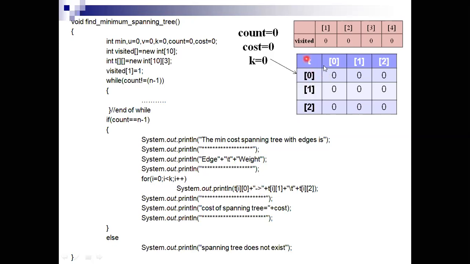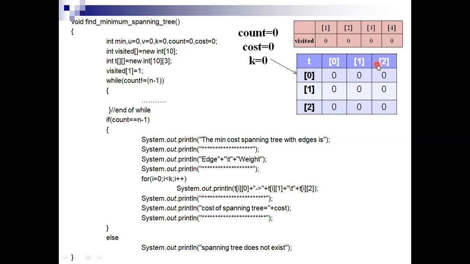Because t of first row, first column gives me the first vertex of the first edge selected. Next, t[i][1], first row, second column, gives me the ending vertex of the edge which is selected. So arrow mark plus t[i][1] plus \t, I'll just put to separate it, plus t[i][2]. You can see t[i][2] means I am printing the ith row, second column, which represents the weight.